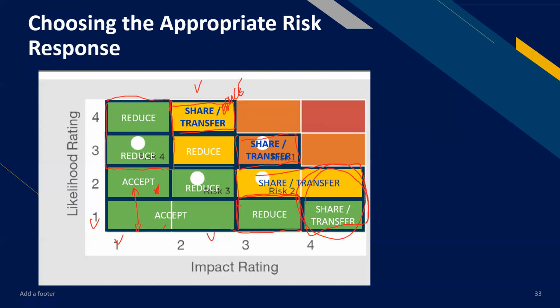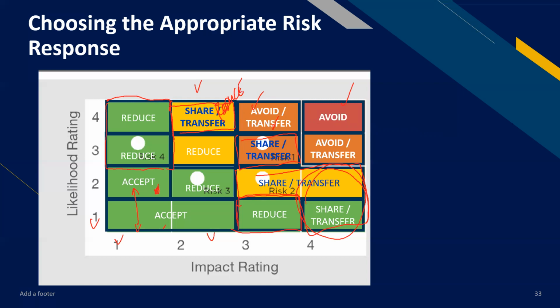But it's just the generic appropriate response, okay? And of course, as it becomes more severe, then you start considering avoiding the risk. And if it's really so severe, then you should avoid it, okay? So that's how also the risk impact, the likelihood, this matrix, how it interacts with the appropriate risk response.